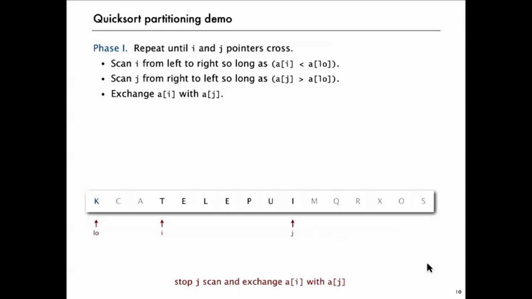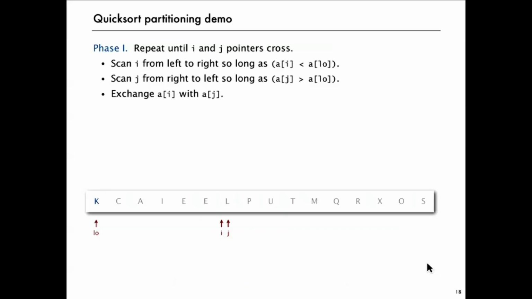If we exchange them, we'll maintain the invariant that nothing to the left of i is greater than the partitioning element, and nothing to the right of j is less than the partitioning element. So exchange them, increment i as long as it's less, stop at L. Decrement j as long as it's greater, stop at E. Those two elements are out of position, so exchange them.